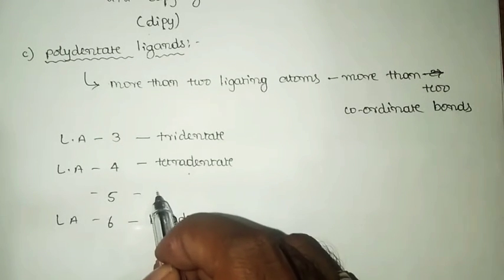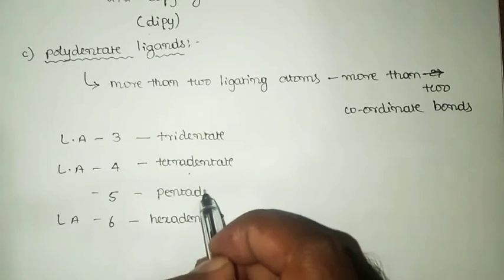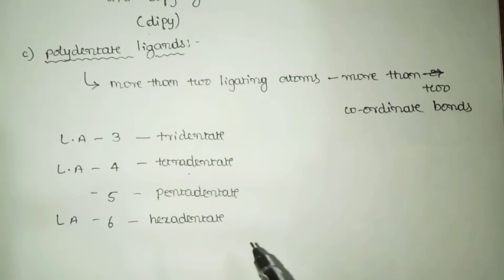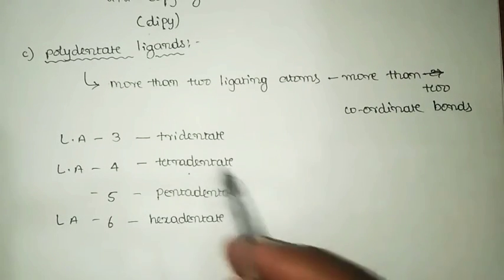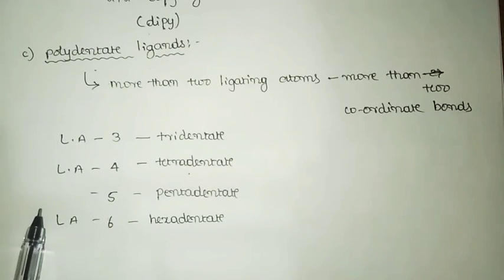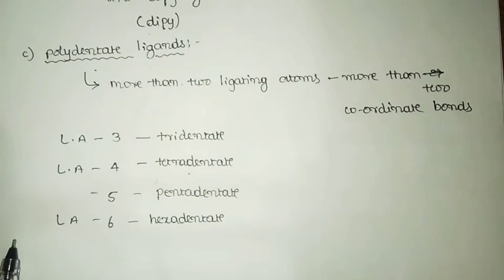The name just goes on changing. So all these tridentate, tetradentate, pentadentate, hexadentate and so on will come under Polydentate Ligands, which consist of more than 2 ligating atoms in them.